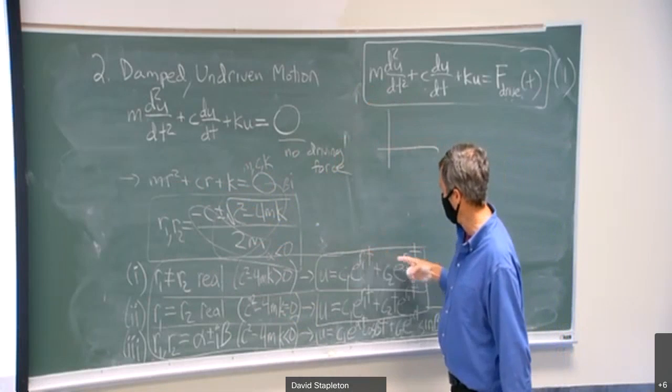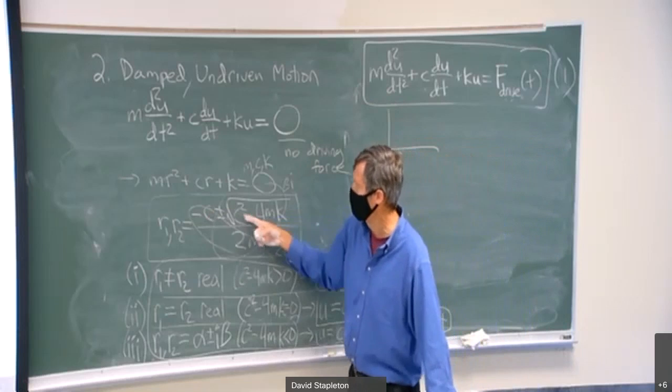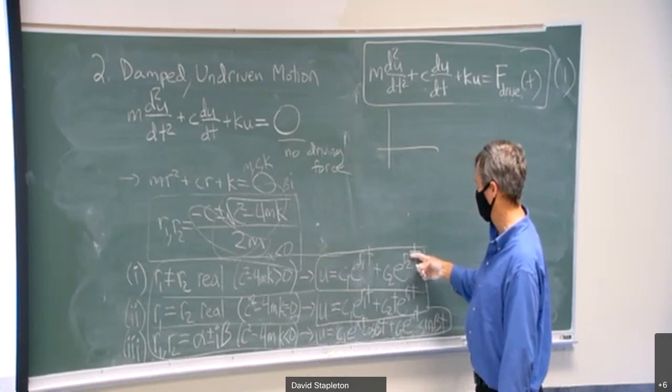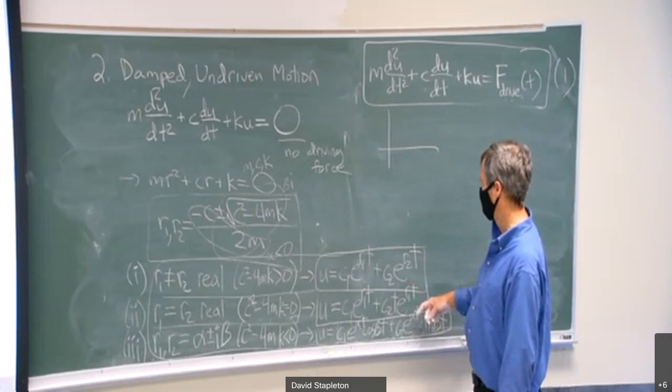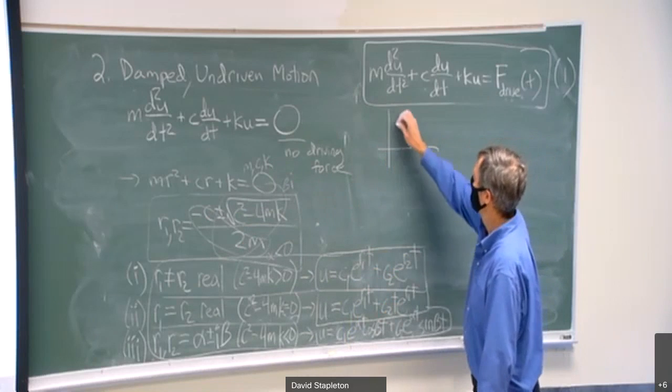These are all decaying exponentials because similarly here, you can figure the same. And with these all positive, R1 and R2 are negative real numbers or have negative real part of their complex conjugates.